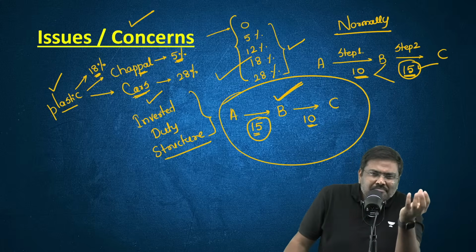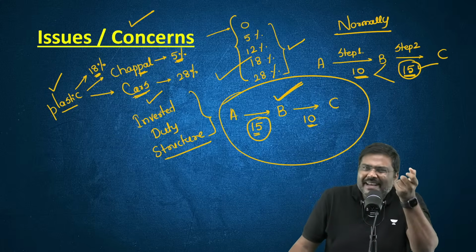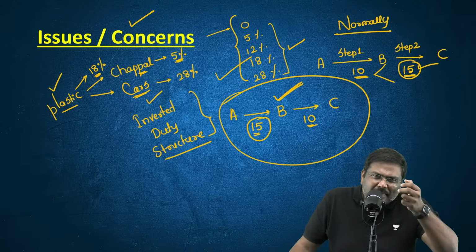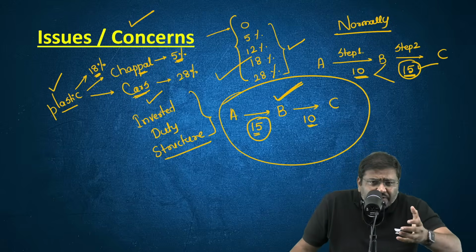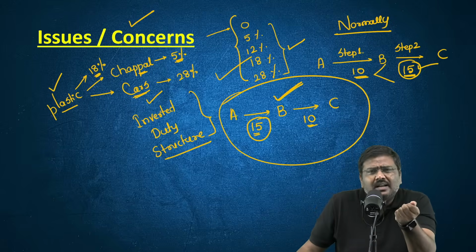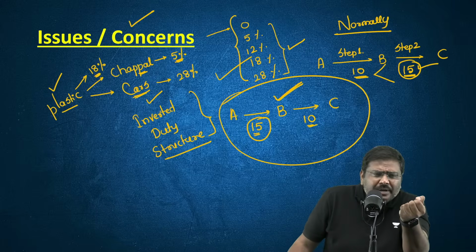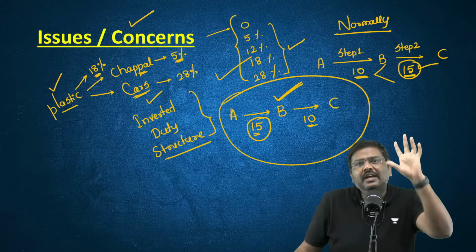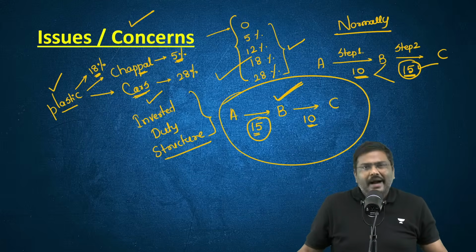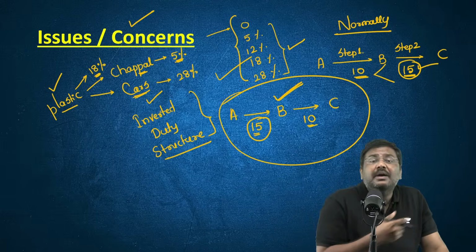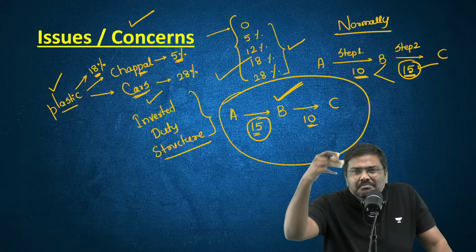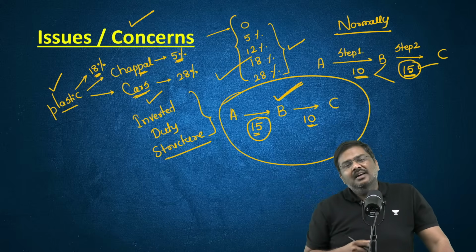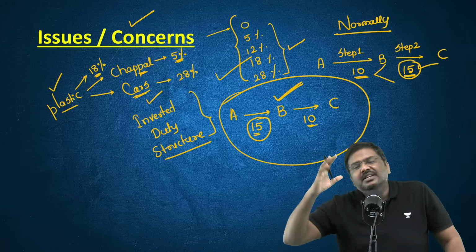A lot of these micro enterprises suffered because of lack of capital. The precious capital of these micro enterprises was stuck in the system because of inverted duties. And inverted duty structure was happening because of multiple tiers of GST, multiple rates under GST.